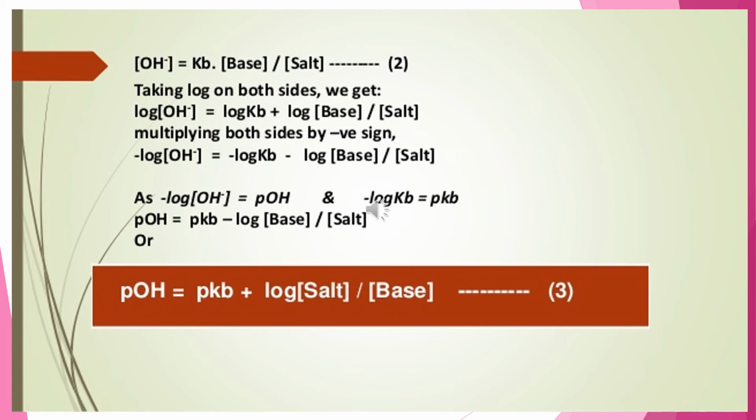So as minus log OH is equal to pOH and minus log Kb is equal to pKb, pOH is equal to pKb minus log concentration of base divided by concentration of salt. So we will get pOH is equal to pKb plus log concentration of salt divided by concentration of base, equation number 3.